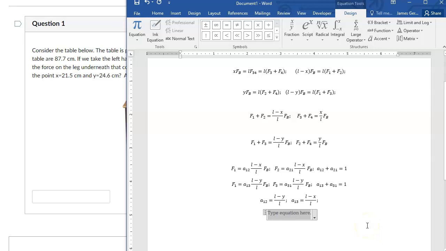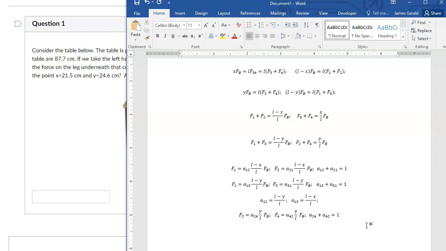Let's say F2 is some A24 onto Y over L FB. And F4 is some A42 Y over L FB. And again, we know A24 plus A42 have to add up to 1.